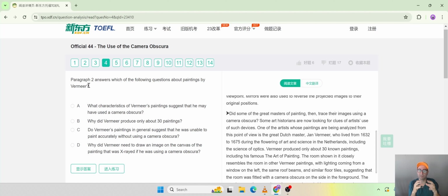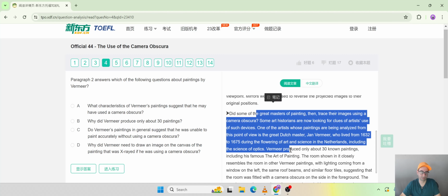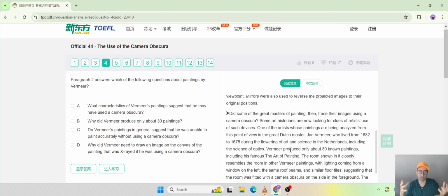You would use that information to then scan for them or their equivalents, synonyms, because they do paraphrase a lot, and find the right spot and read that sentence or the sentence after and use that to answer the question, right? You would use the clue to figure out which choice is the right answer.